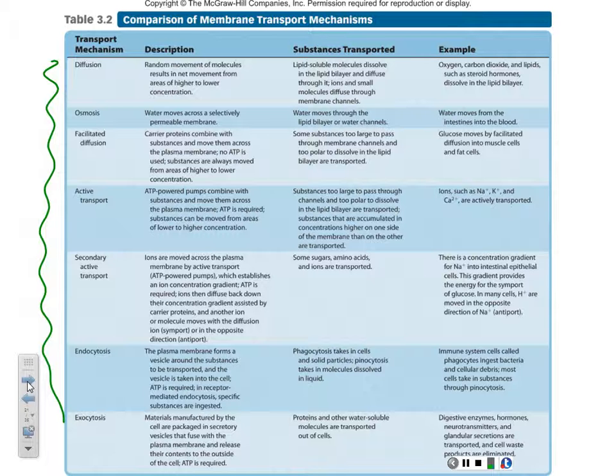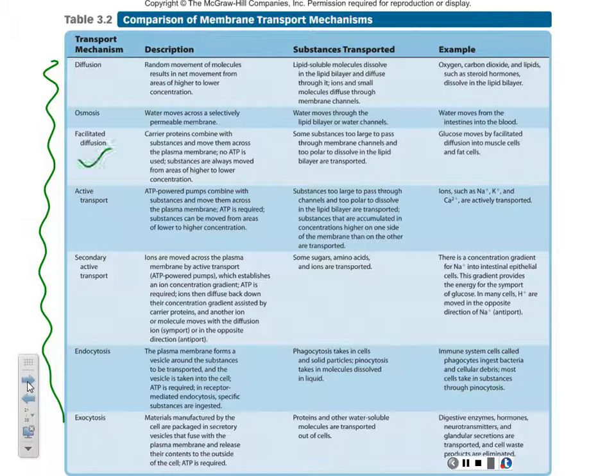So mediated transport, I think that was the problem in the module, because I think people may have said facilitated diffusion when they were asking about anything where a helper molecule is used to move a substance, which is mediated transport. Whether it be the ATP pump in active transport or facilitated diffusion when you use a carrier protein or a channel, anything that helps out with the movement of a particular ion or molecule is going to be mediated transport.